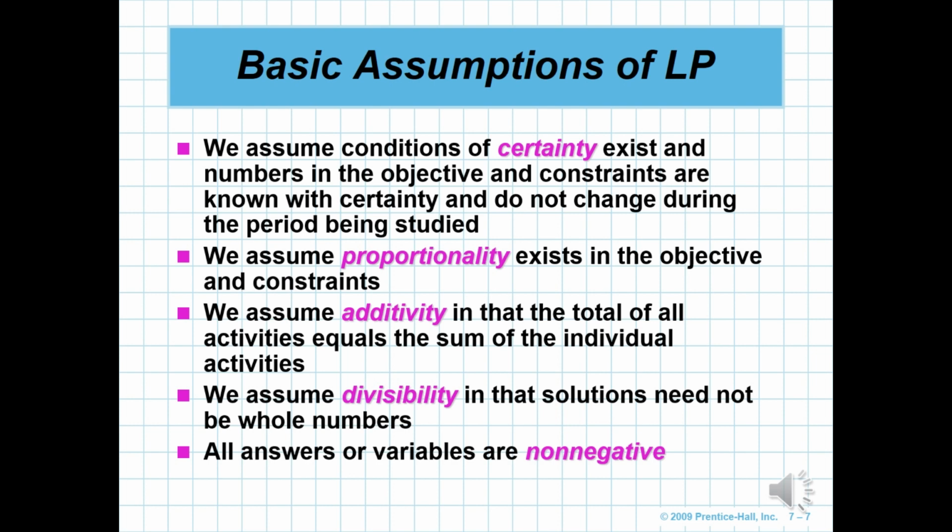We also assume additivity, in that the total of all activities equals the sum of the individual activities. In the constraint, we can have an additivity element where we add up all the values in the constraint. For example, 10 x1 plus 2 x2 plus 3 x3 must be larger than or equal to 20.